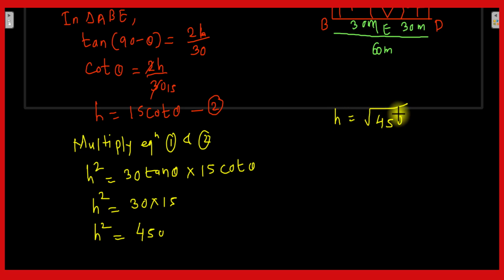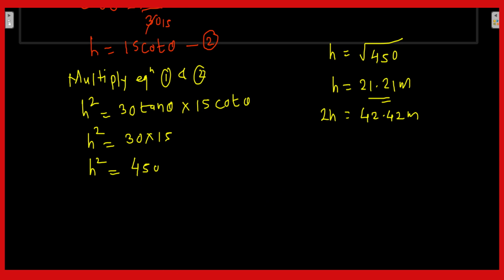If you take the square root of 450, h is equal to 21.21 meter, and therefore the height of the first pole is 21.21 meter, and the height of the other pole is twice that of the first one, that is 42.42 meter. So friends, at the end you have to always write the answer, because the answer also carries marks.